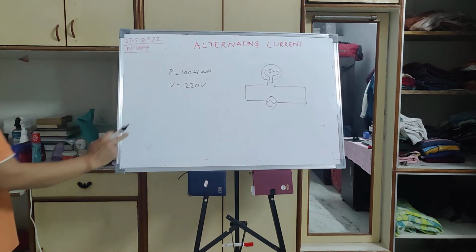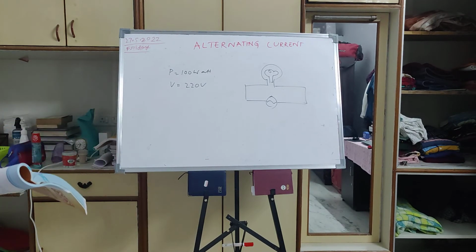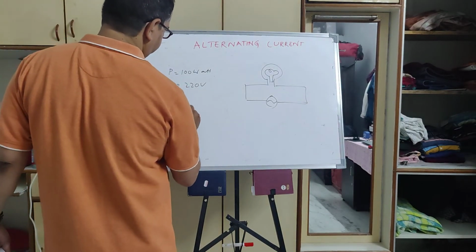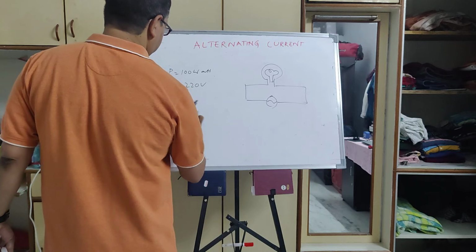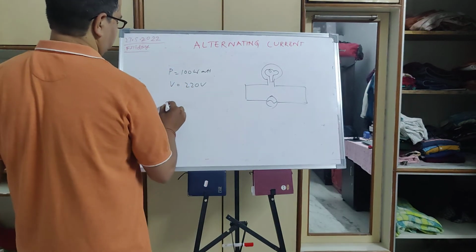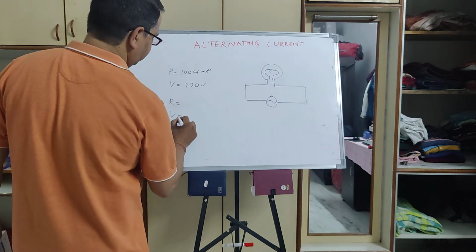They are asking, its wattage is this, its voltage is this, then what is the resistance of the bulb? So we know R is equal to V square by P. Power we know, voltage we know.